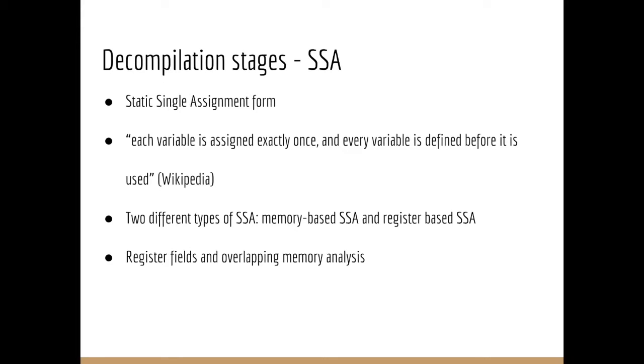So memory-based access is simply forming SSA variables from reading from memory, like structures, working with pointers and so on. And register-based SSA can sometimes be tricky. For example, if you want to split small variables which are stored in one register, like two 32-bit integers stored in one 64-bit register.